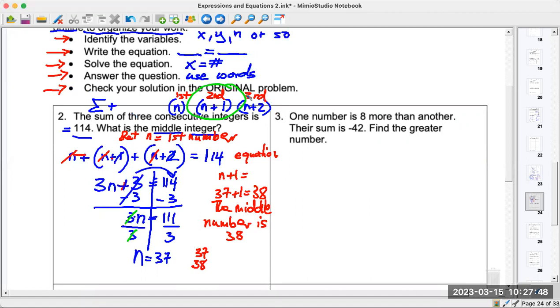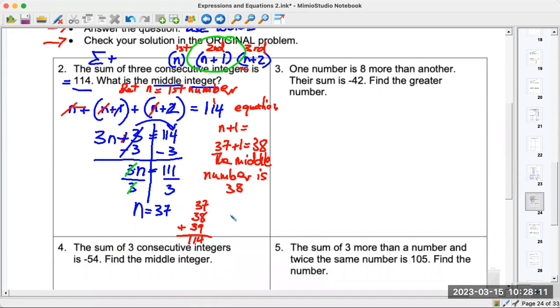And the third number is 39. And when I add those, I need to get 114. Let's check it out. 37 plus 38 plus 39 is 114. There it is. So this is called check.